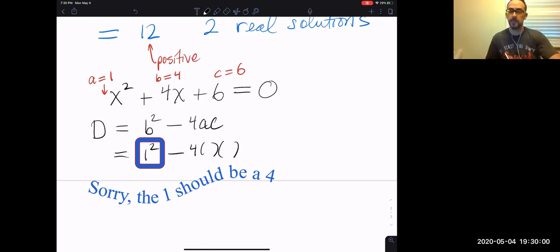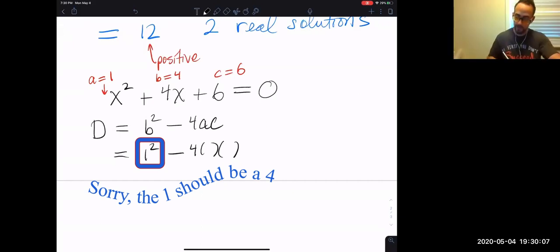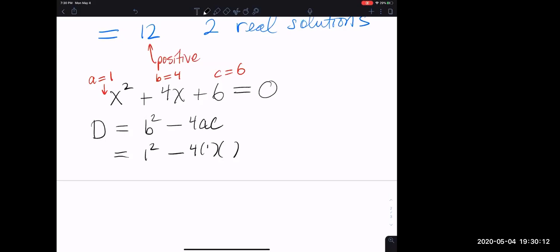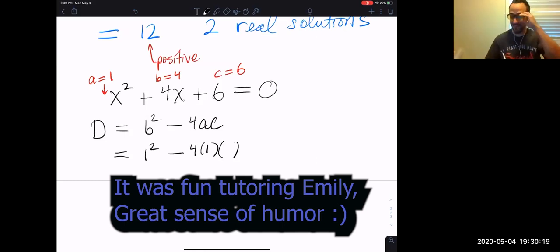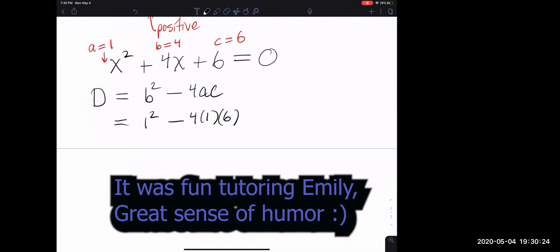What are the A and the C? ¿Qué están los A y C? 4 y 6, right? No, A está qué? A es qué? Oh, 1. Sí. ¿Y C? ¿Qué es C? C es 6. Alright, okay.